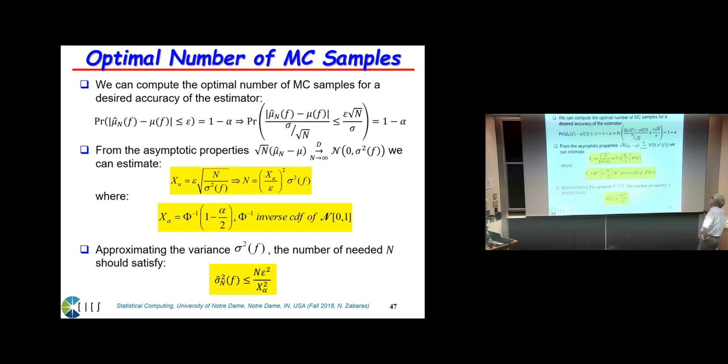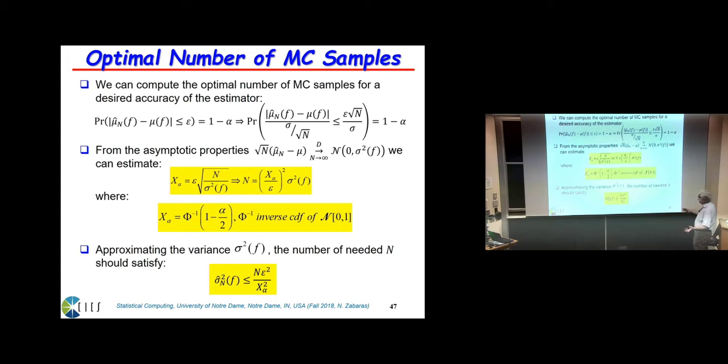This is using just tables. You know how to compute this from tables of the standard normal distribution, right? So it comes up that the number of samples has to be greater than the sample variance, because you don't really know the true variance, times this inverse CDF divided by epsilon squared. So this will give you this probability.